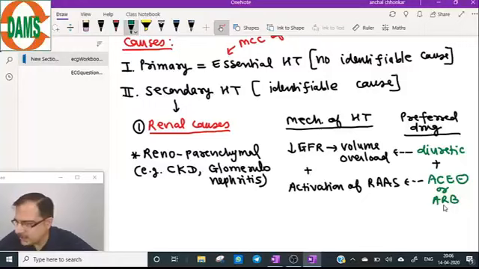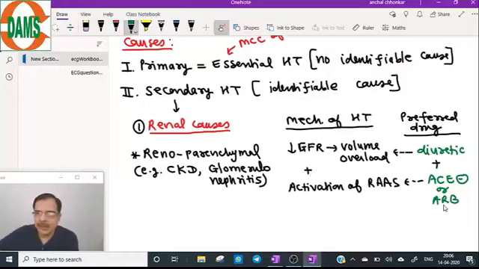Why is renal blood flow less in renoparenchymal disease? Because of the decreased GFR, the kidney functions are reduced. So there will be less kidney perfusion, and less blood will go to the renin cells, so they will get activated.